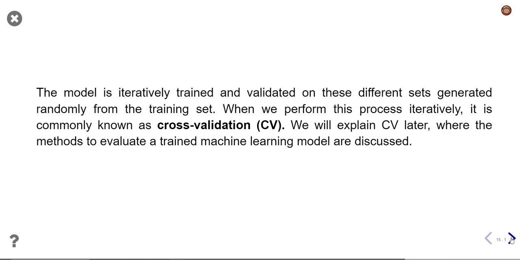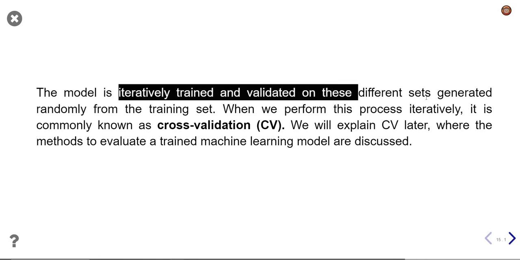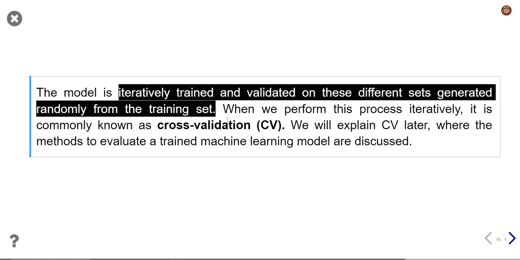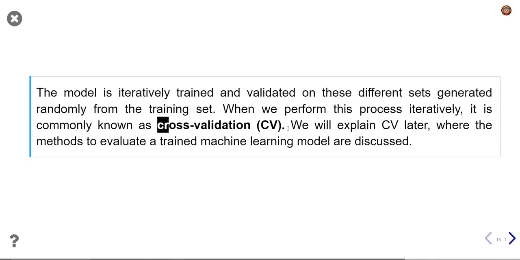If the model is iteratively trained and validated on different sets generated randomly from the training set, and you do this iteratively, this is known as cross validation. Still you have two sets only. Of course, we will look into this much more deeply when actually doing the machine learning models.